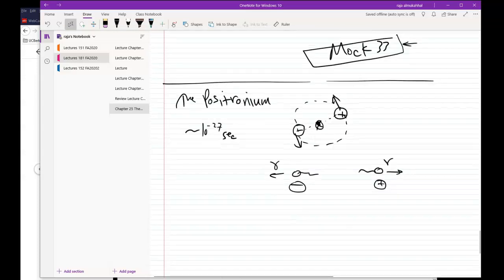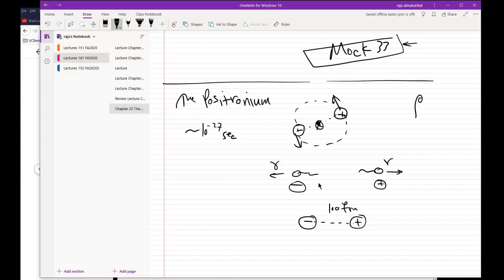But what he says is, if the positron and the electron are at a distance of 100 femtometers, a femto is 10 to the negative 15 meters, with what speed should they be going in order for them to escape from each other?